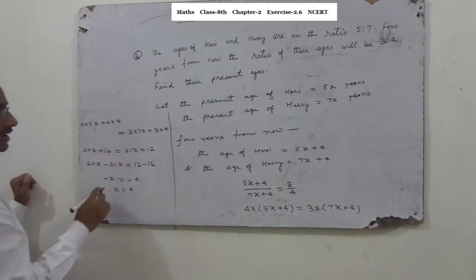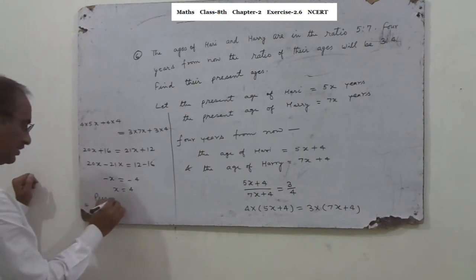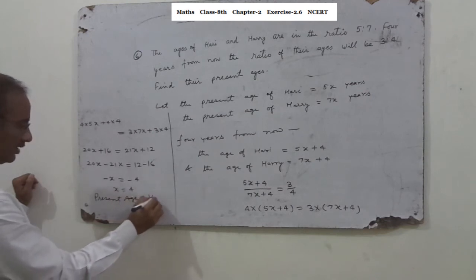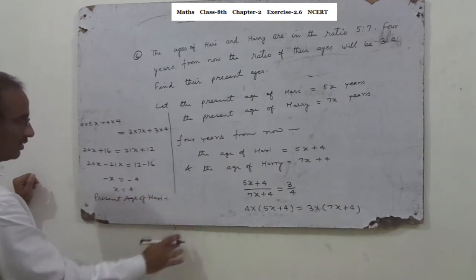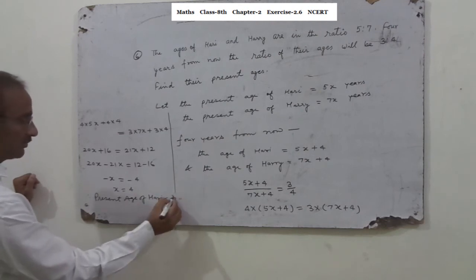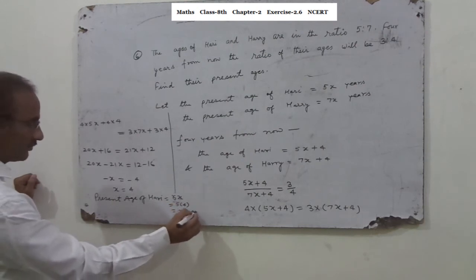So the present age of Hari is 5x, so 5 into 4 equal 20 years.